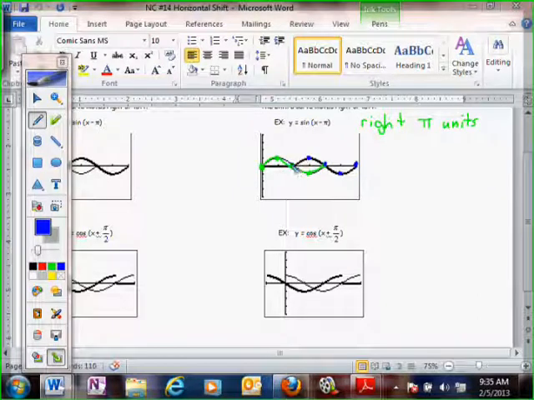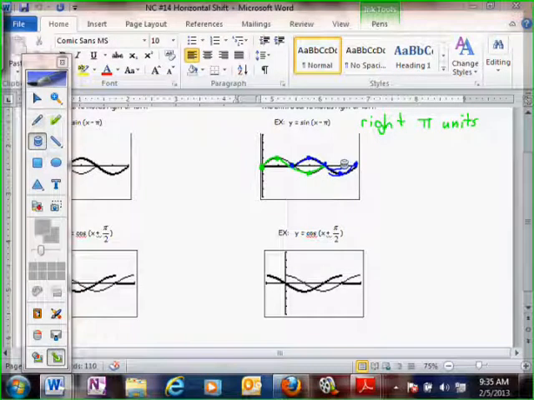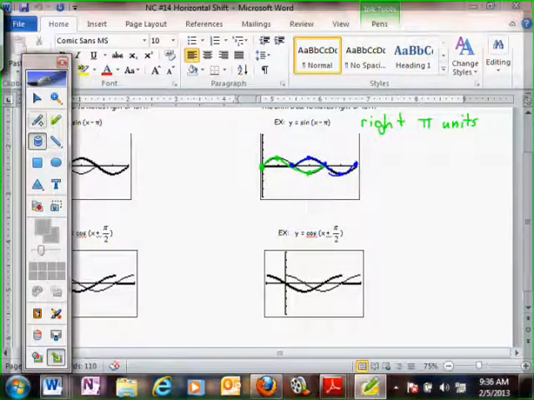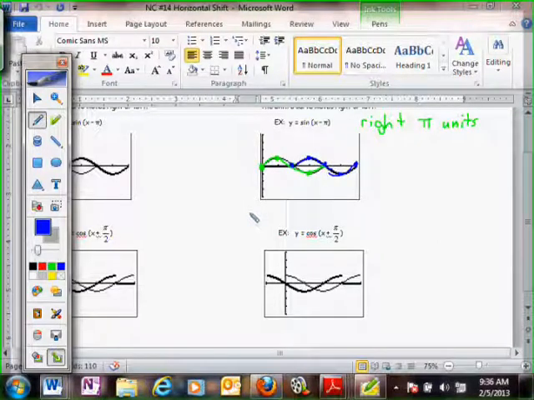And this one goes to here, pi units, giving me this boldened sine curve here. Okay, so you have to remember with these horizontal shifts that it's going to work in the opposite manner.